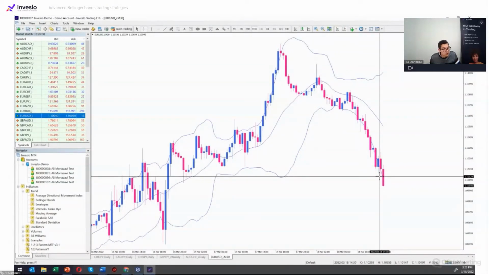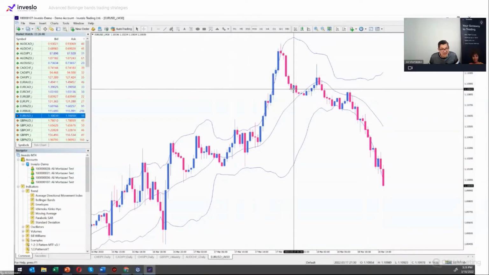But you have to notice that when you use the Bollinger Bands or any other indicator in a shorter time frame, you are getting, let's say, the sudden emotion of the market, the most volatility, and you will see some noise along with the price action.